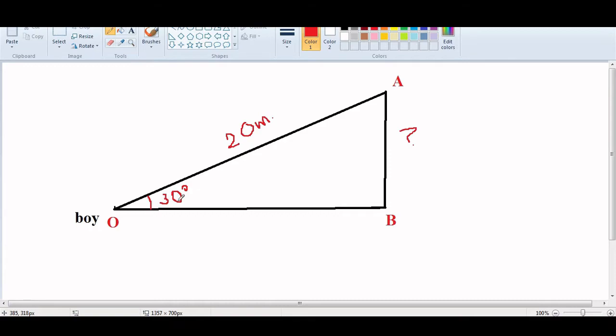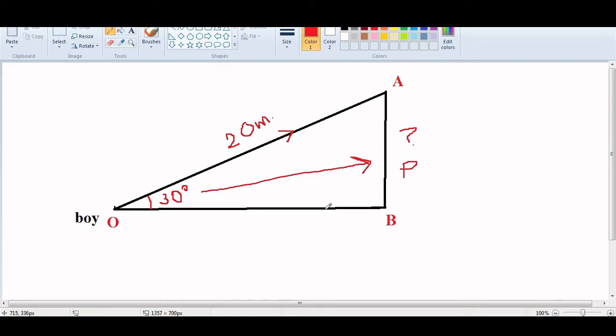Now the 30 degree angle we are given, it's the angle of elevation we can say, because the boy is standing on the ground and it is the angle of elevation. Now we have to find the perpendicular, because with respect to the 30 degree angle, this is the perpendicular.